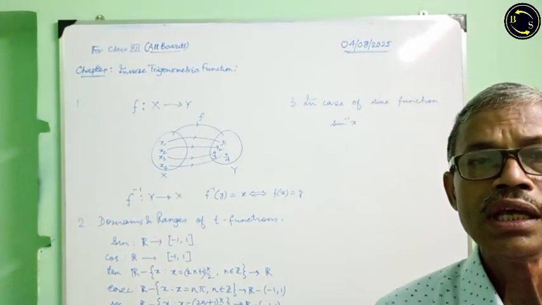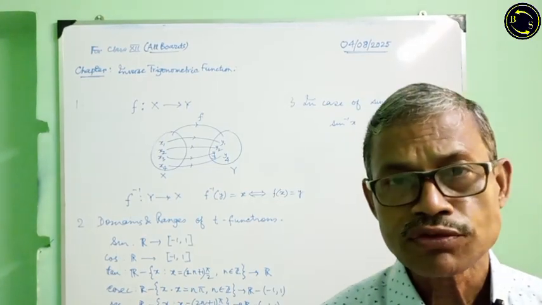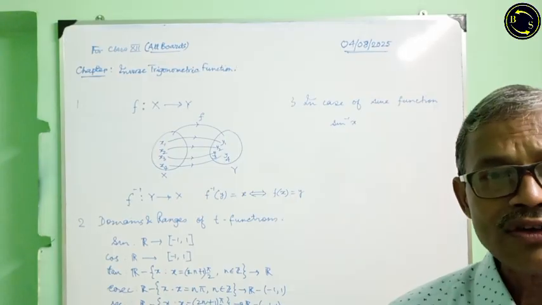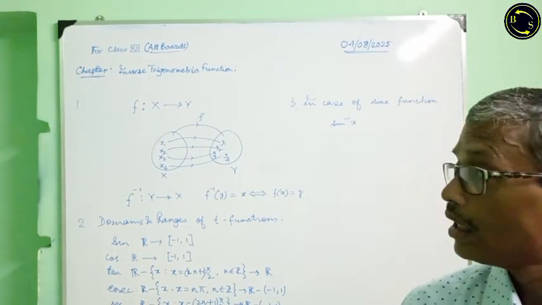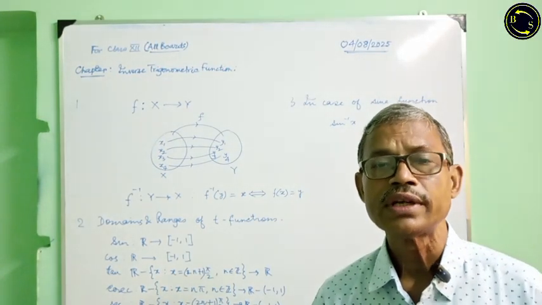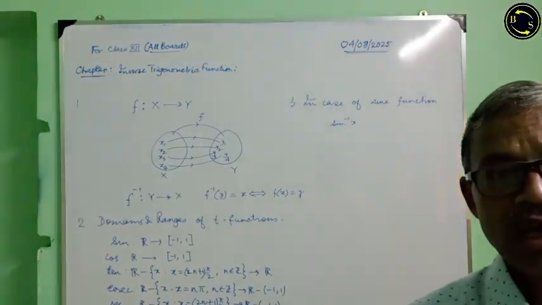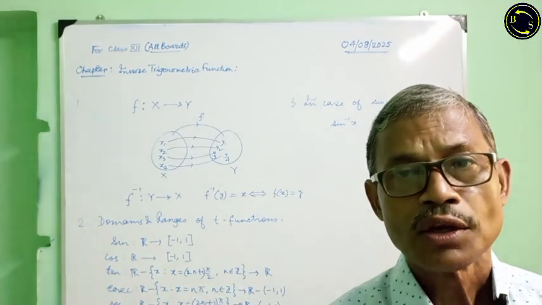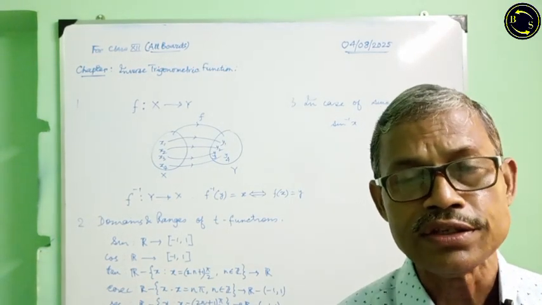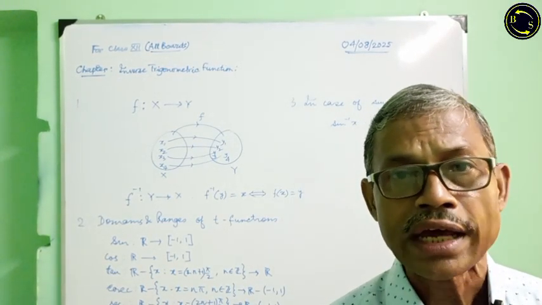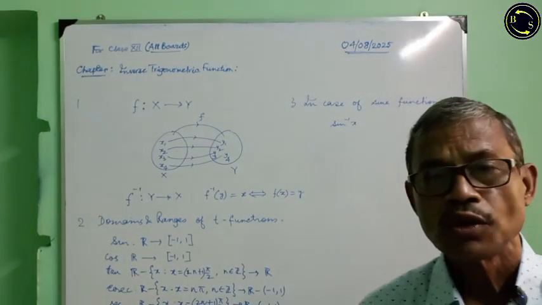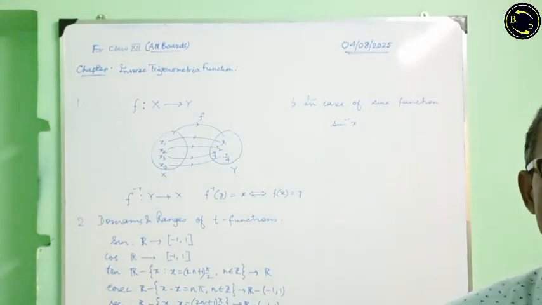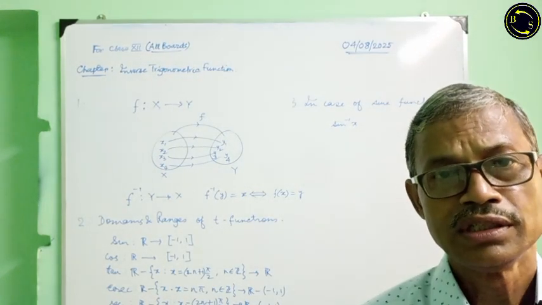But if we impose some restrictions on the domain and also range, then each of these 6 trigonometric functions will be 1, 1 and onto in that specific domain and range, so that in that specific domain and range, each of these functions will be invertible.